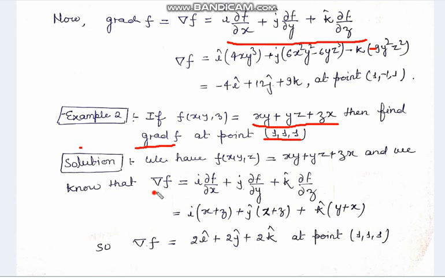We know that the gradient of f is denoted by ∇f, and its value is i ∂f/∂x + j ∂f/∂y + k ∂f/∂z. Differentiating partially with respect to x, we get y + z, then x + z, then y + x. Now putting x, y, z equal to 1, 1, 1, we get 2i + 2j + 2k.